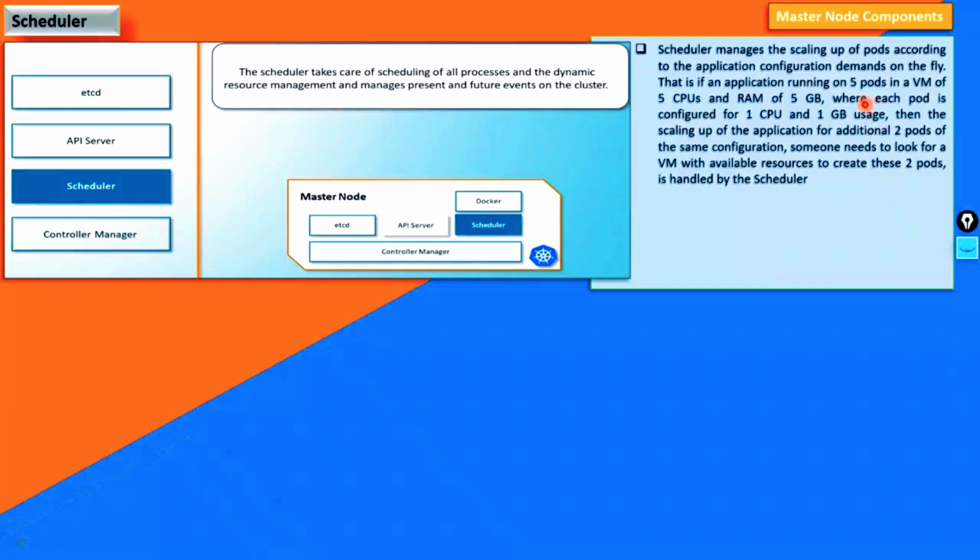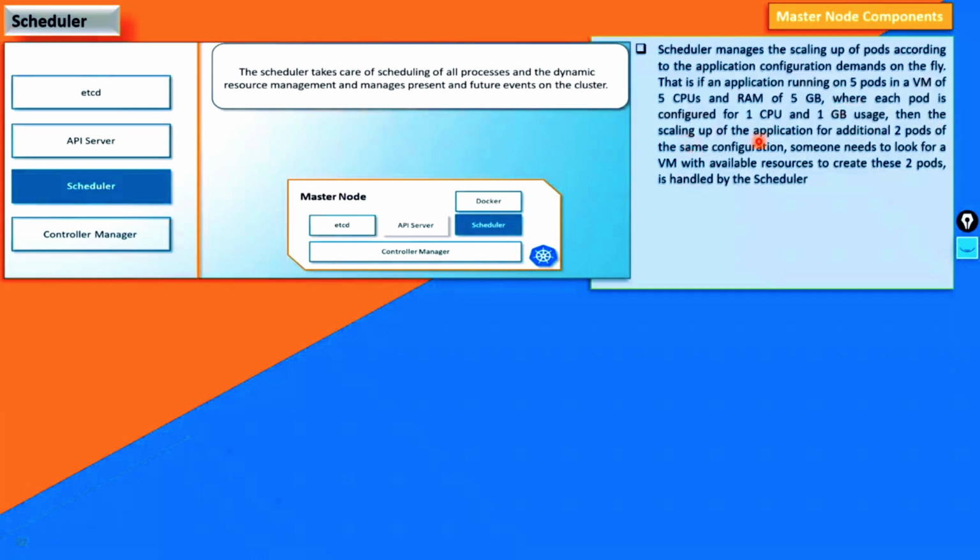So for 5 pods, how many CPUs will be needed? There will be 5 CPUs. And how many GB will be consumed of storage? The maximum consumed will be 5 GB. But my VM has a total capacity of 5 CPUs and 5 GB.